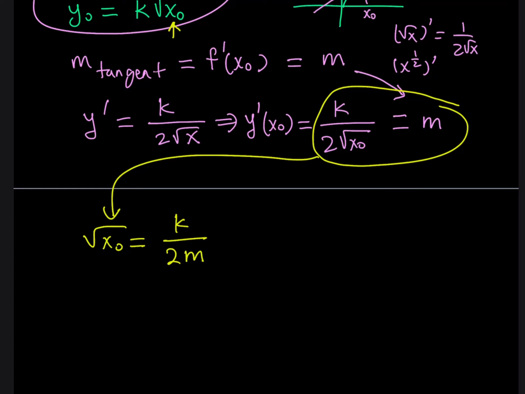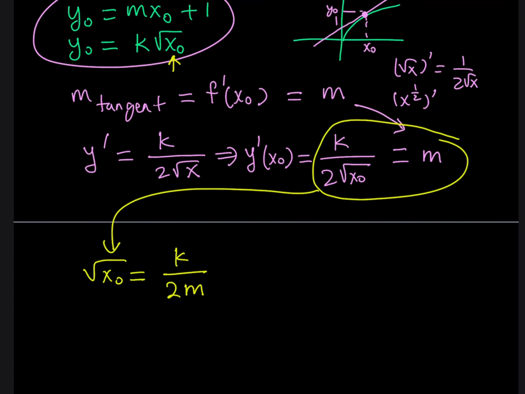And notice that in the second equation, by setting these equal to each other, of course, let's go ahead and set those equal to each other. k times the square root of x0 equals m times x0 plus 1. This means that at the point of tangency, the curves, the functions are touching each other, so they have a common intersection point.